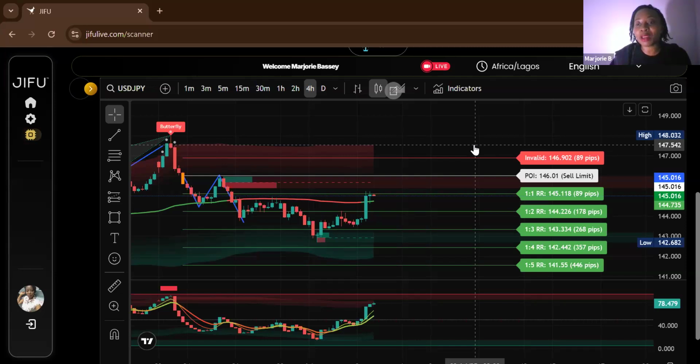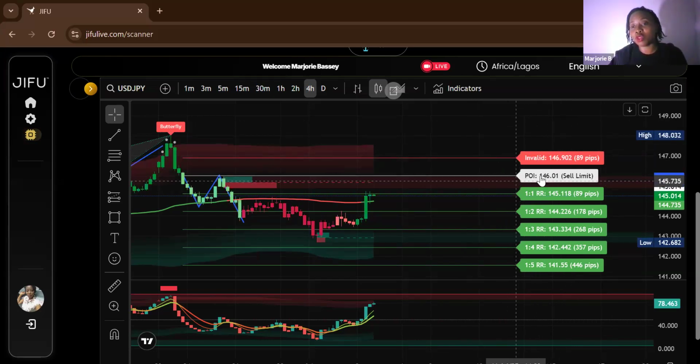So your entry price will be 146.01. And it tells you in brackets, the instruction for this trade is set a sell limit. So you go set a sell limit, and then you put your invalidation, your stop loss, the number in red.